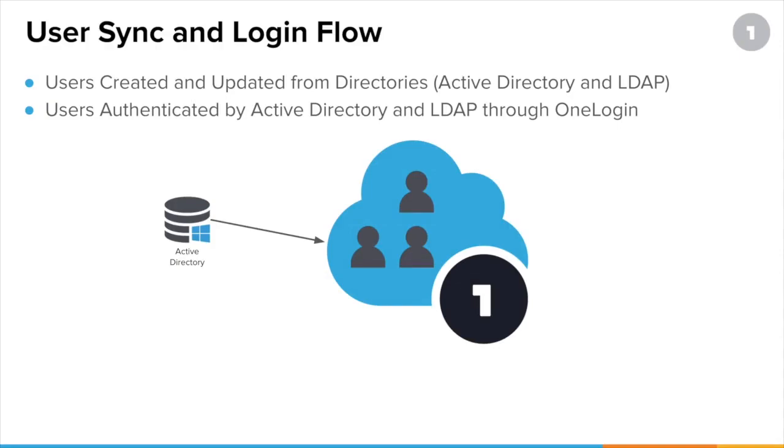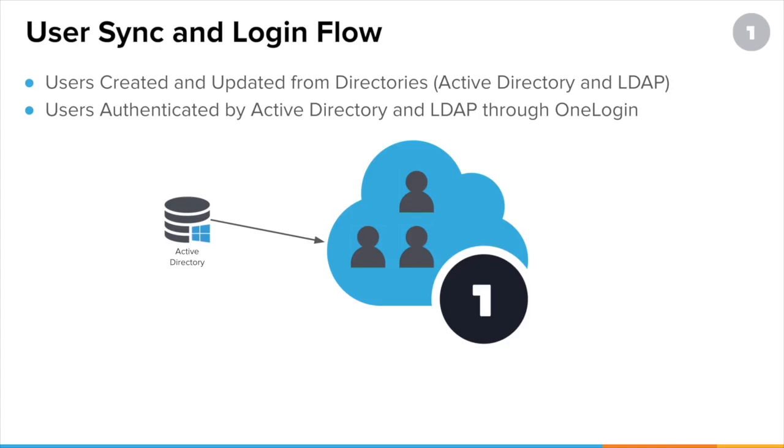Other directories that OneLogin can sync with can be used to authenticate users as well. Active Directory, Directory Services, again, often referred to as just Active Directory, and LDAP directories are prime examples of this type of directory.